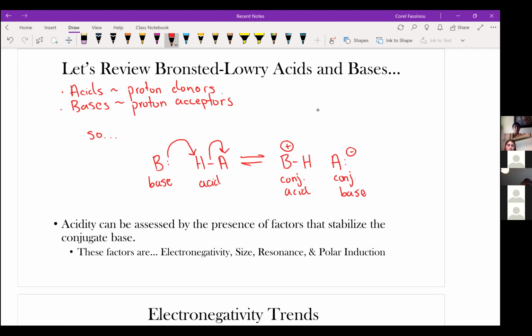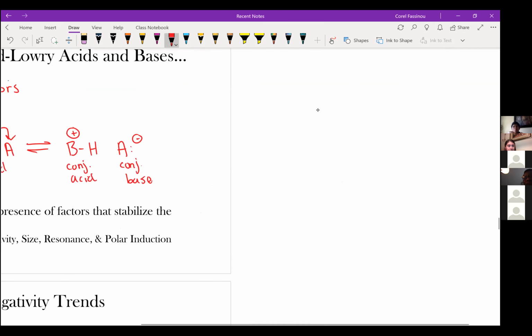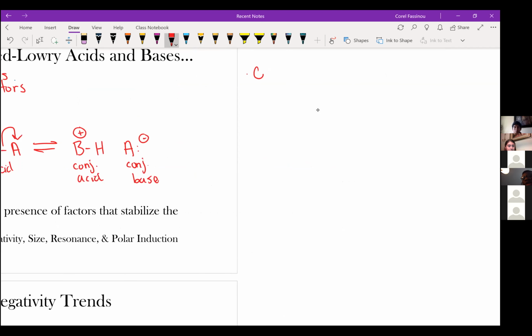So in this sense, what we can also realize is that if we just look at it as a general acidity equation, what we'll get is HA, and then when that bond breaks, this is just what an acid is doing essentially.